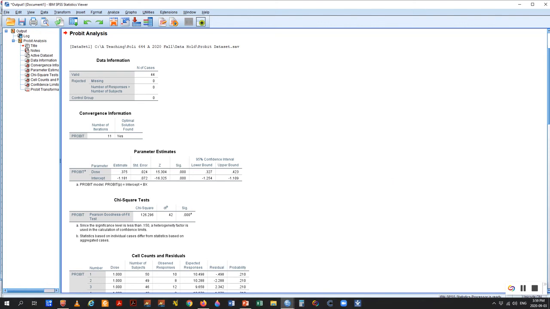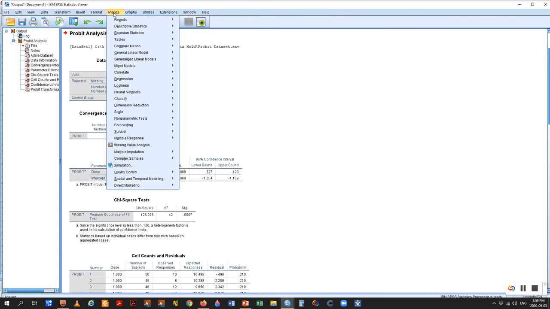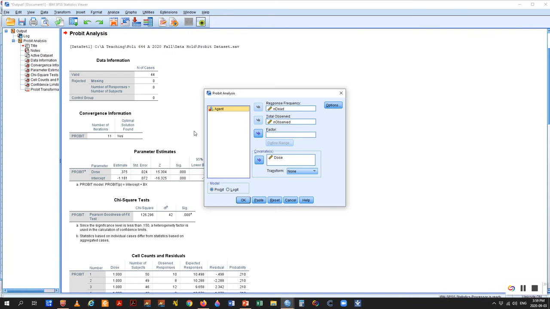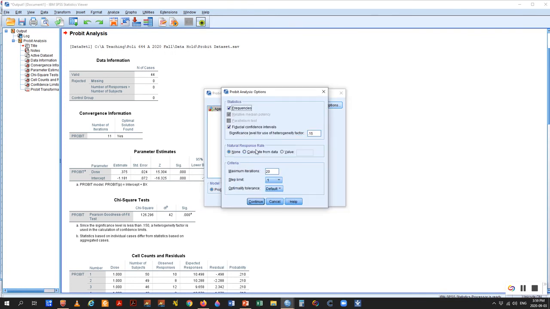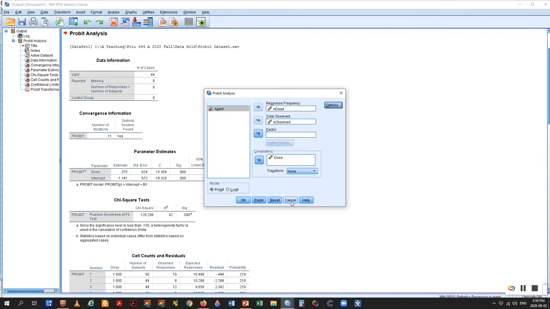And the way that you would do this is, going back to the model, you'd go to Analyze, Regression, Probit, and here, under options, you have a natural response rate. And so you could click on calculate from the data, right? But we're not going to actually do that because we really have no idea what the natural response rate is, and it's not something that's immediately useful to this analysis.